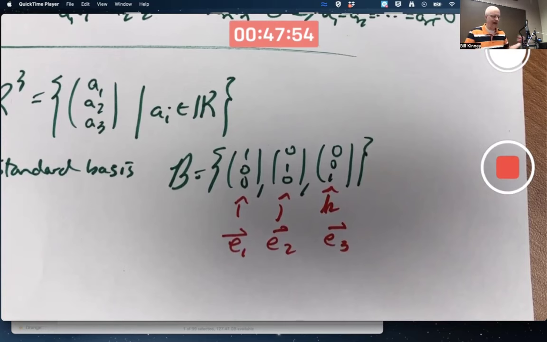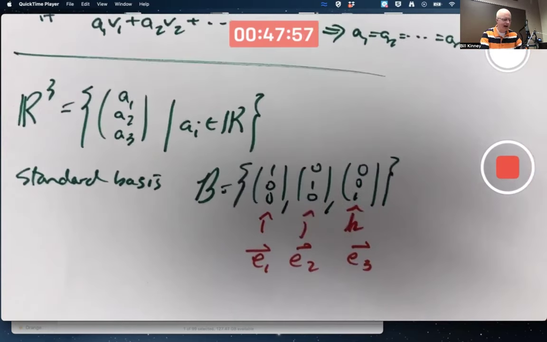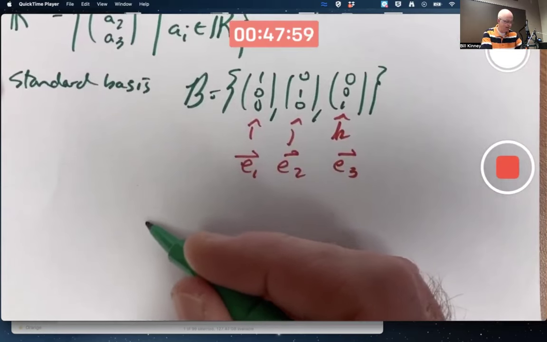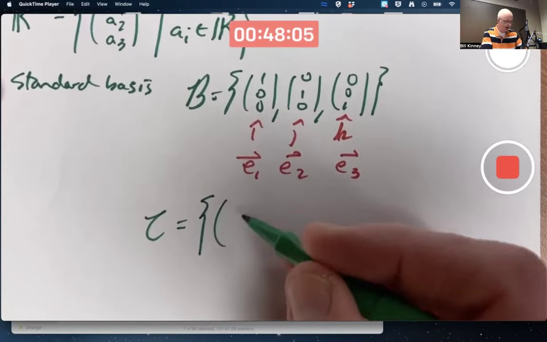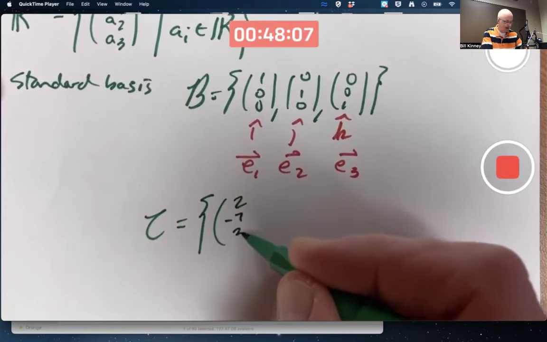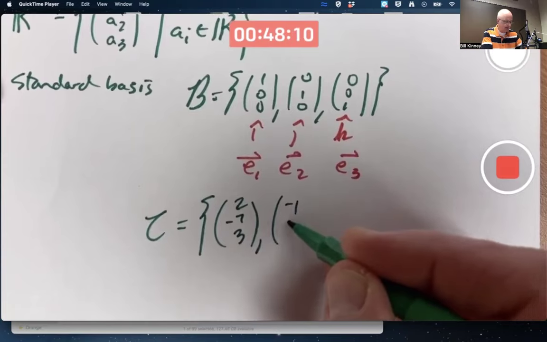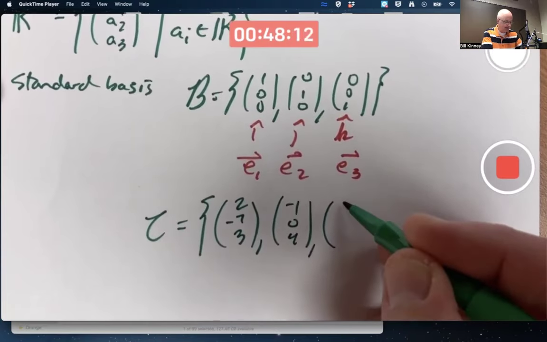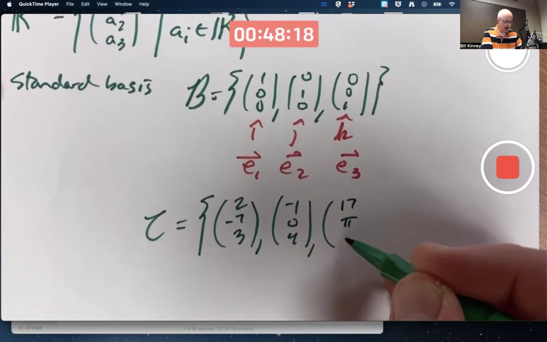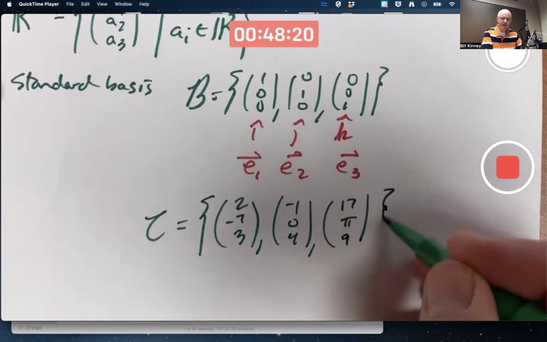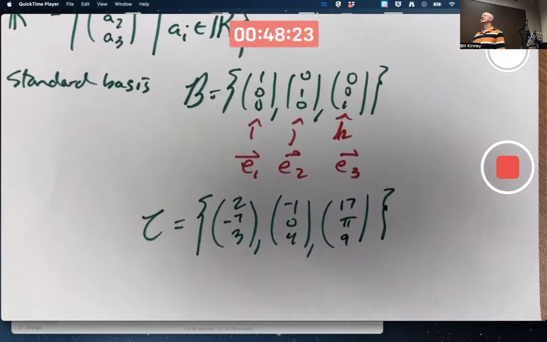And I don't know if Al emphasizes this, but whenever I teach linear algebra, I emphasize that if you write down, let's call the basis C, three random vectors, oh, I don't know, (2, -7, 3), (-1, 0, 4), (17π, 9), three somewhat random vectors. In all likelihood, maybe especially because of the pi in there, this will be a linearly independent set, and therefore will be a basis for R3.